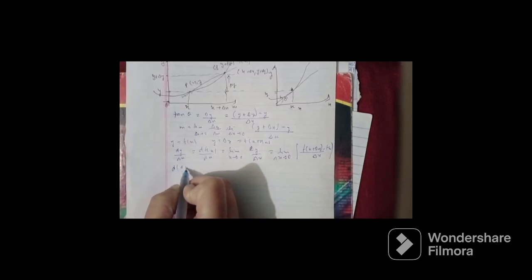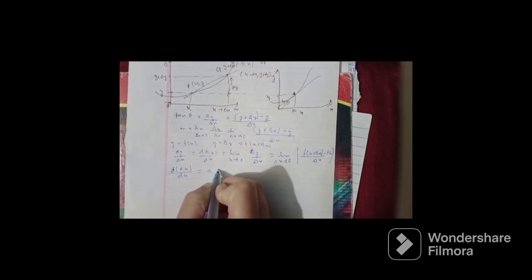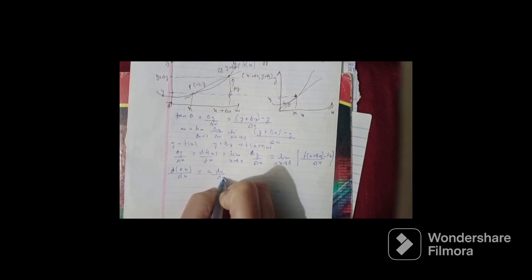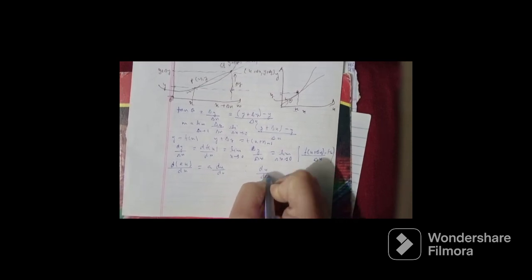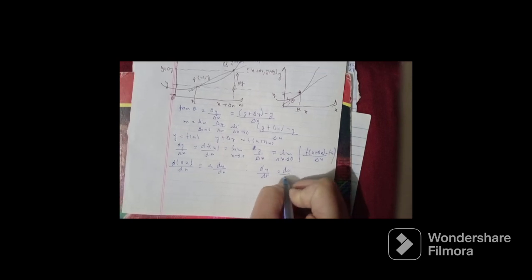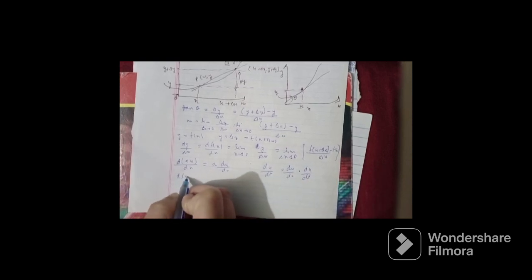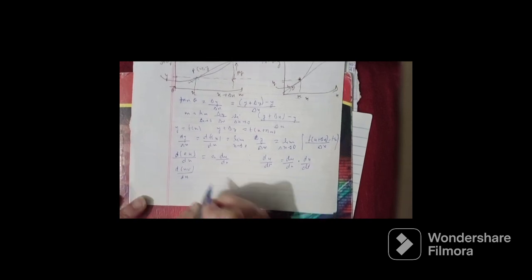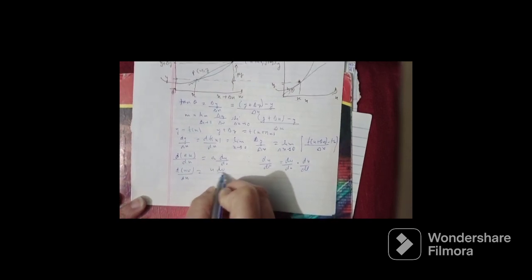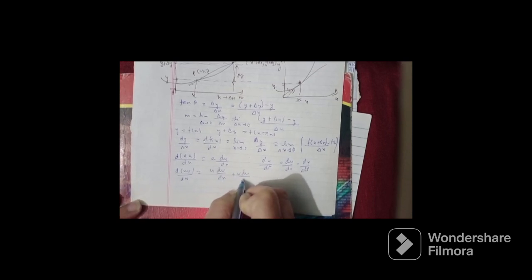d(au) by dx equals a du by dx. Another one is du by dt equals du by dx times dx by dt. The derivative of uv with respect to dx equals u dv by dx plus v du by dx.